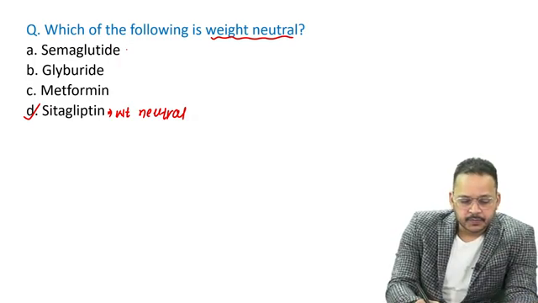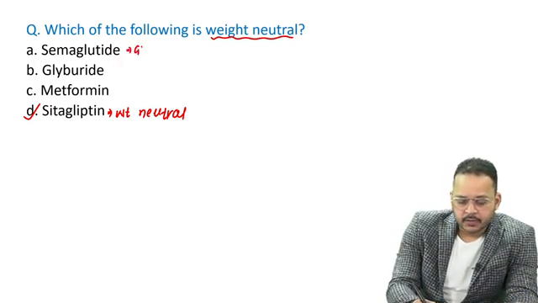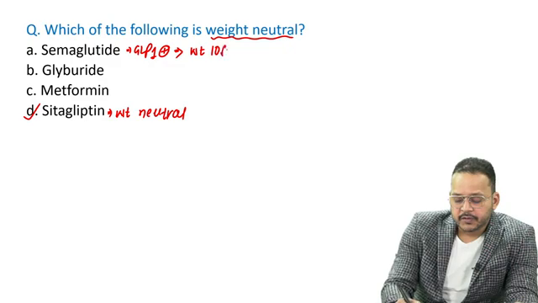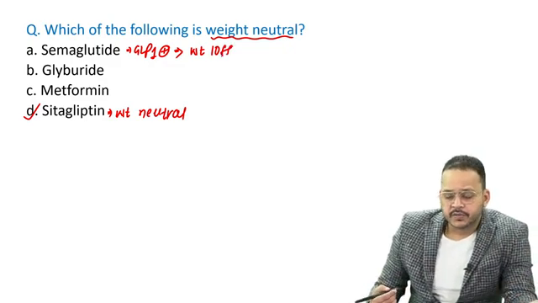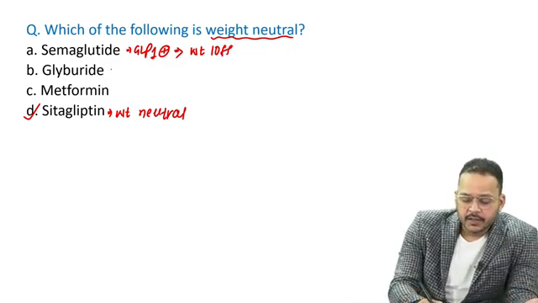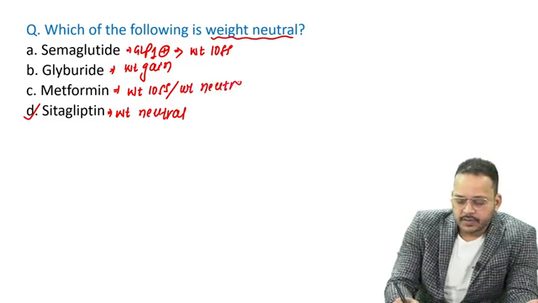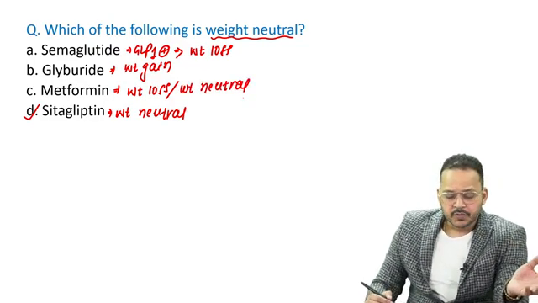Semaglutide belongs to a class of drugs called GLP-1 agonists, and these drugs cause weight loss. In fact, liraglutide is the drug of choice for treatment of obesity. Glyburide, a sulfonylurea, causes weight gain. Metformin can cause weight loss, and in some patients it is weight neutral, so both can be seen.